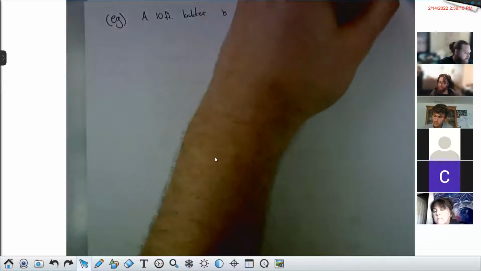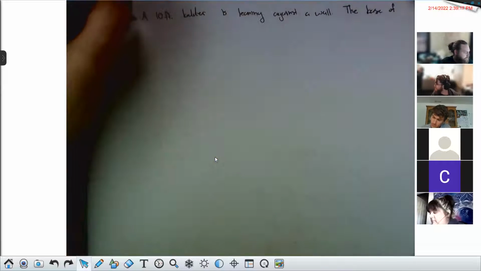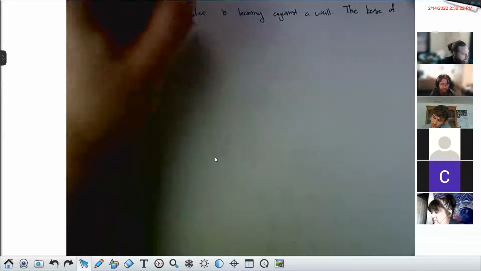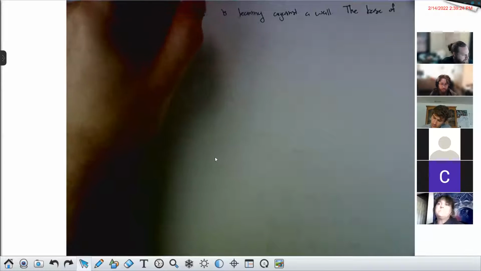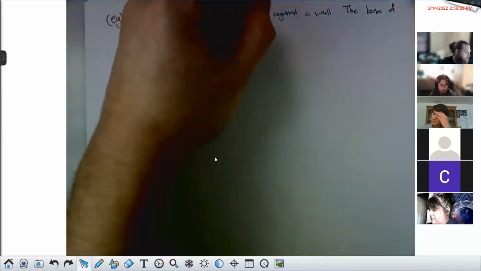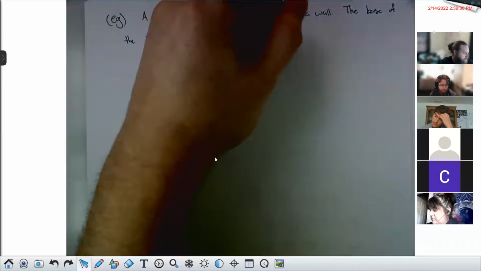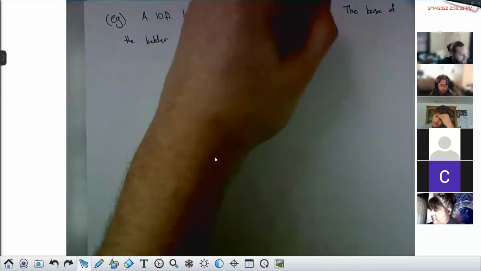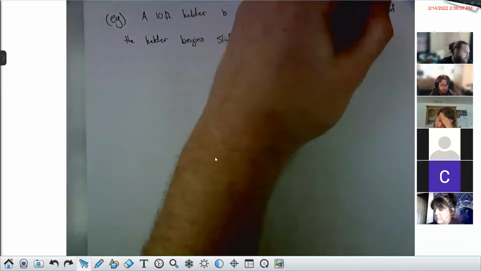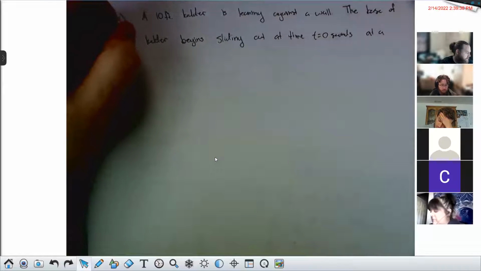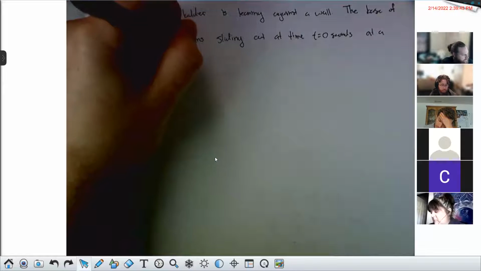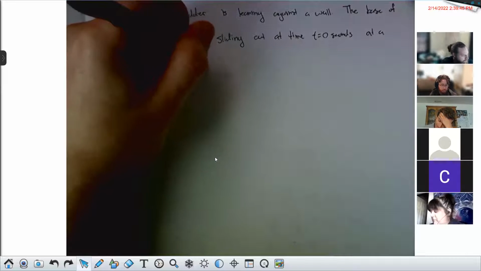The base of the ladder begins sliding out at time t equals 0 seconds at a speed of, let's say, 2 feet per second.